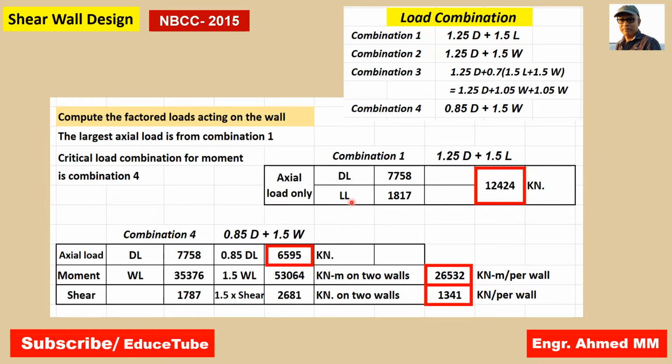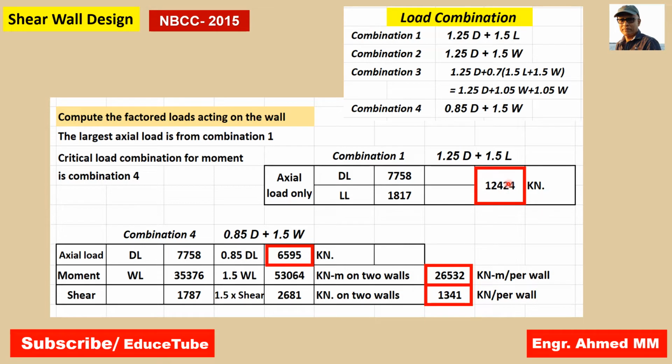You will understand this with dead load and live load, which we already saw in previous slides. So we take 1.25 multiplied by dead load and 1.5 multiplied by live load, and we get this axial load.